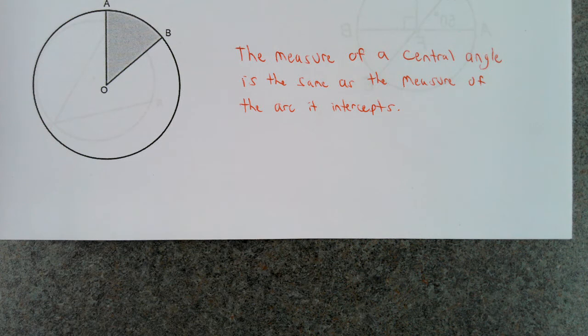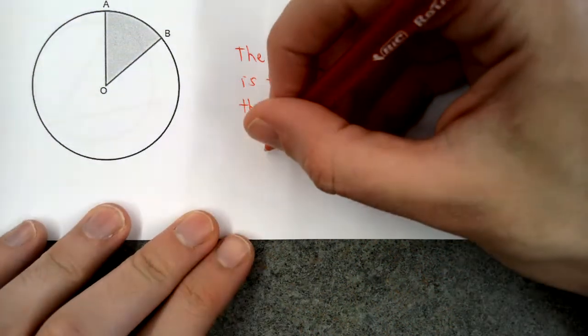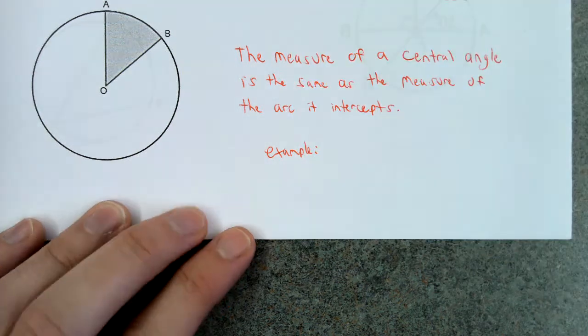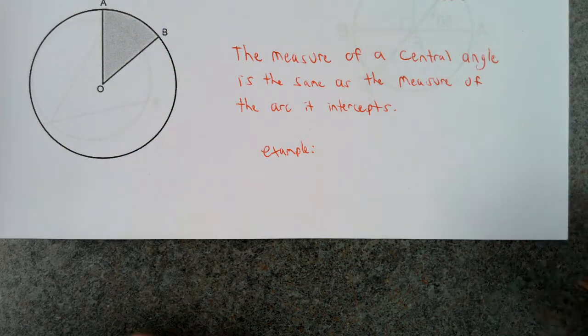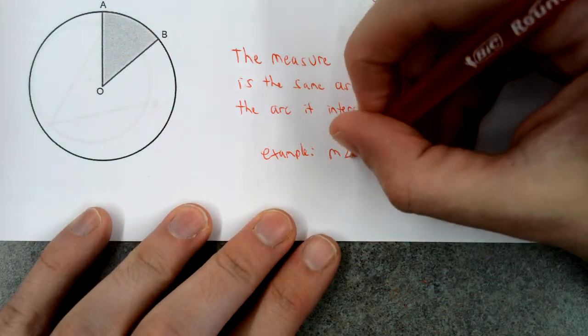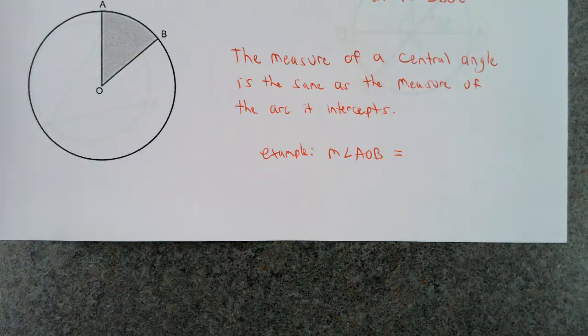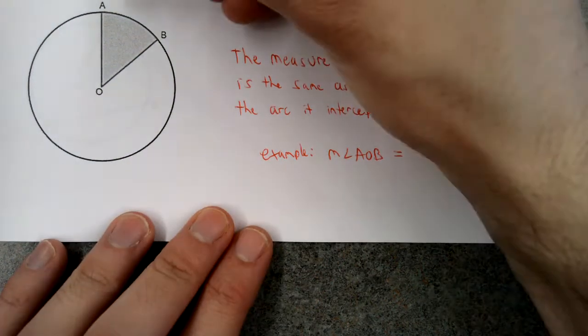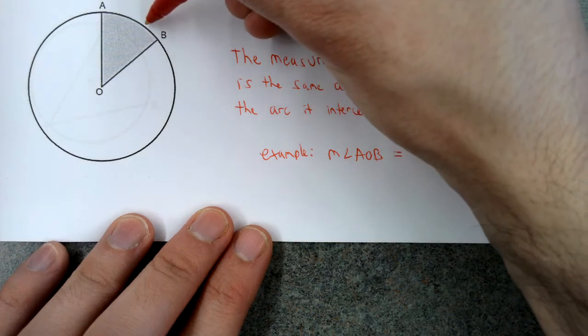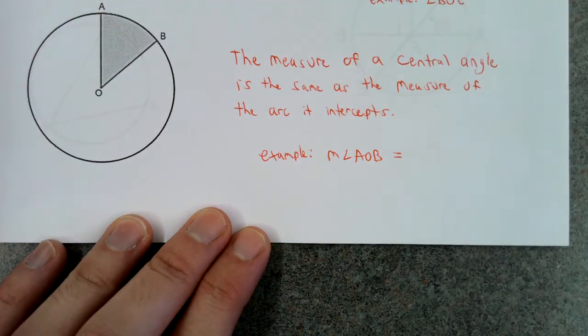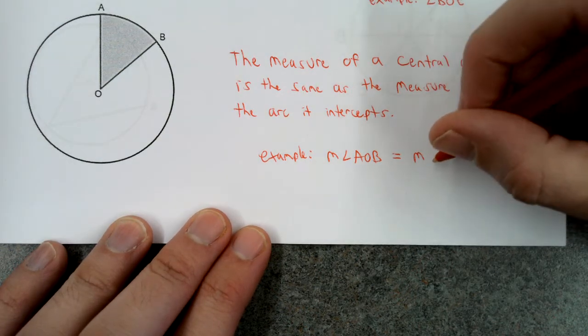So if we look above, let's say for example, angle AOB is the central angle. So what I'm saying is that the measure of angle AOB equals the measure of the arc that it intercepts. This is the arc that it intercepts right here, arc AB. So I'm going to say the measure of angle AOB equals the measure of arc AB.